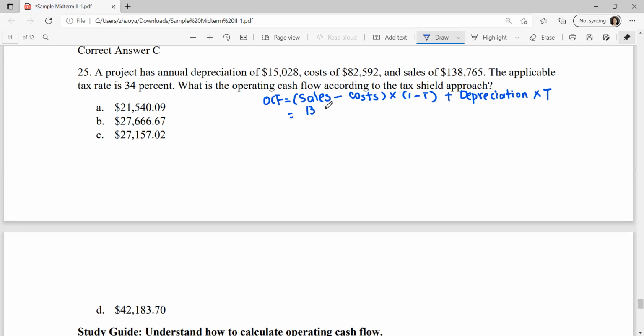So it equals sales 138,762 minus costs 82,592, times 1 minus 34%, plus depreciation 15,028 times 34%. So let's do the calculation here.